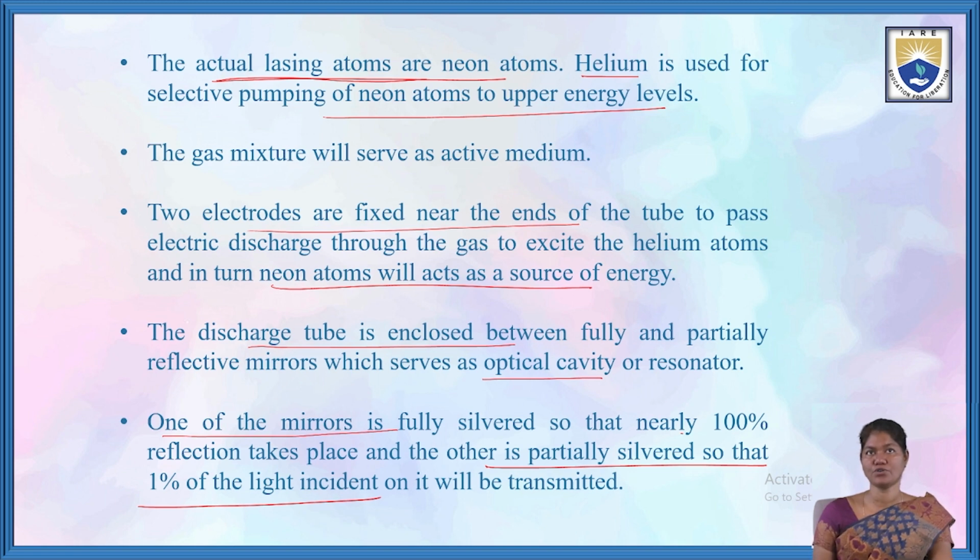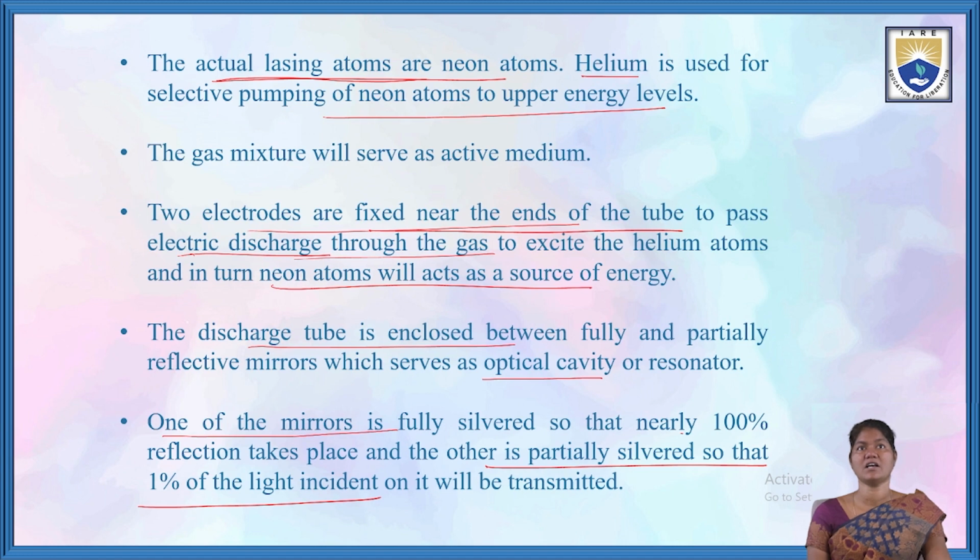So two electrodes are fixed near the ends of the long narrow tube to pass an electric discharge through the gas to excite the helium atoms, so that neon atoms act as a source of energy.